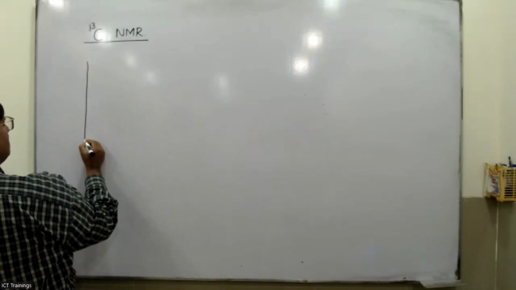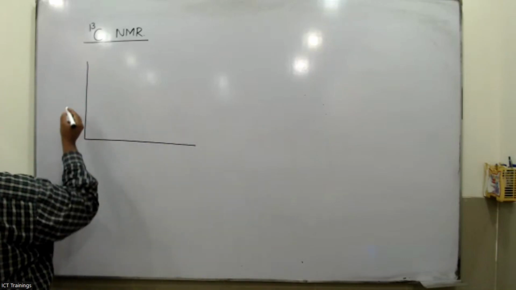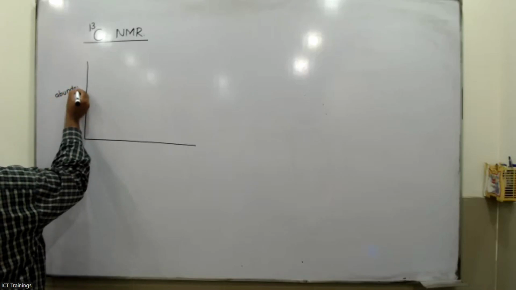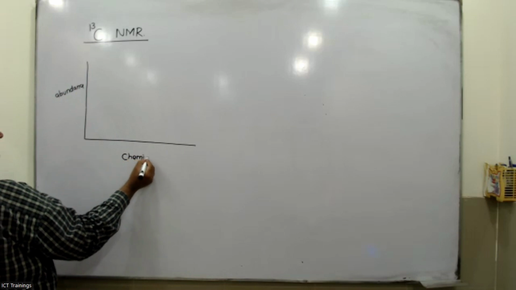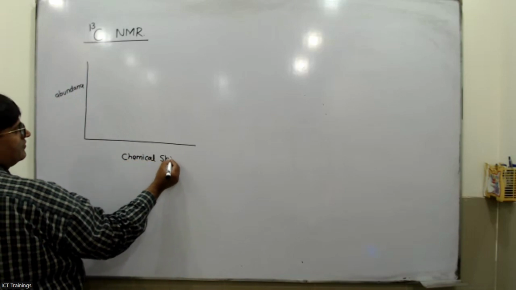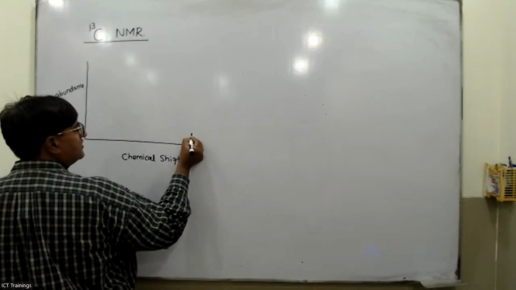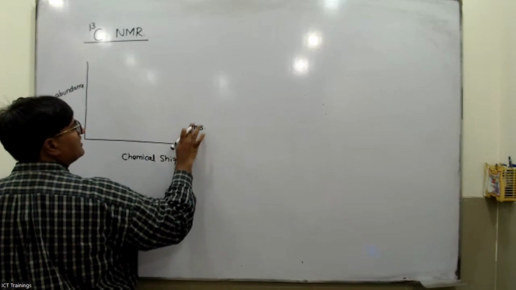type of NMR spectrum that we will use as hydrogen NMR. Here you got the abundance, and here you got the chemical shift. Here we got the first peak, which is always of TMS, tetramethylsilane.